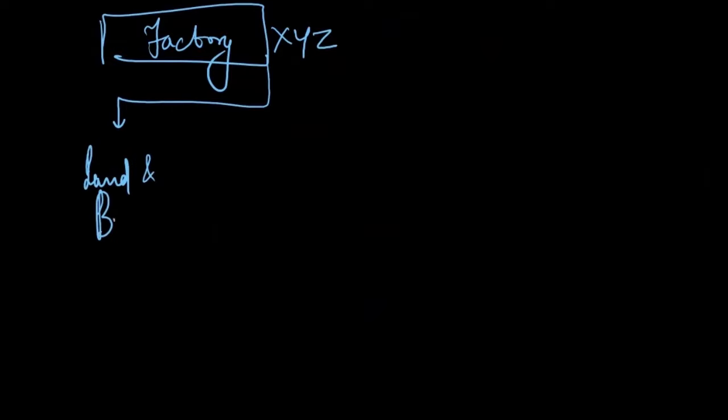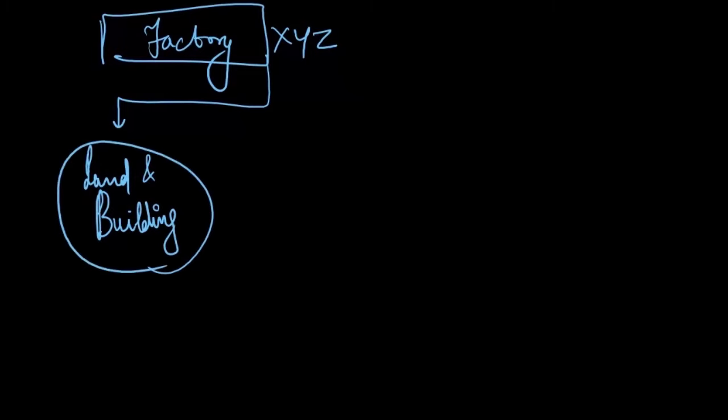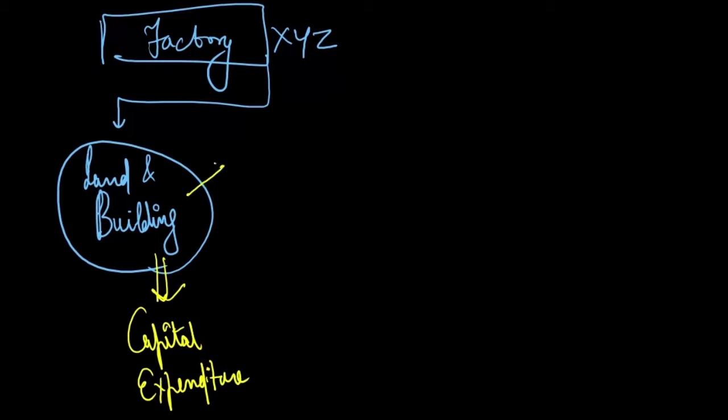Let's take the example of a factory XYZ. If it invests in land and building, such type of expenditure will be done once, so it's a capital expenditure, as it will be used for more than 1 year.